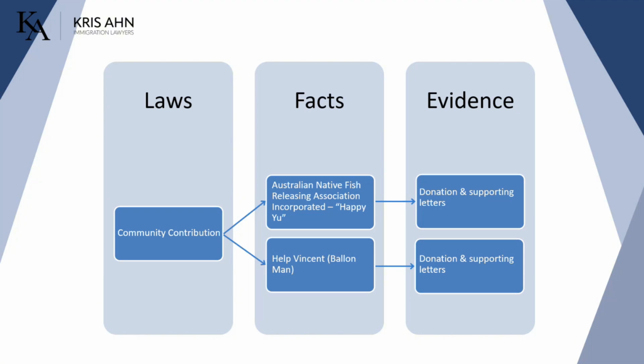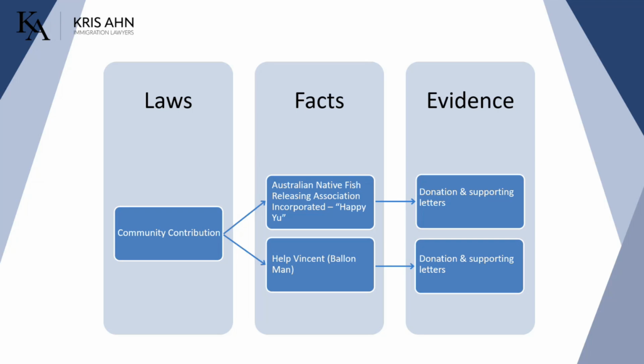My client, as a member of the club, also made donations and helped Vincent's family communicate with a lawyer in Australia to seek compensation. So this was the second action my client took in relation to community contribution, and we have evidence, so the tribunal member accepted that.